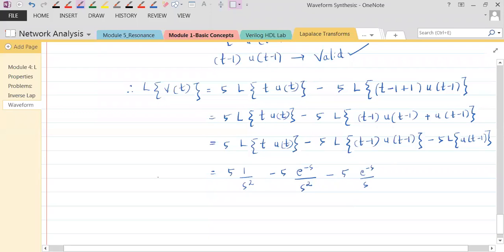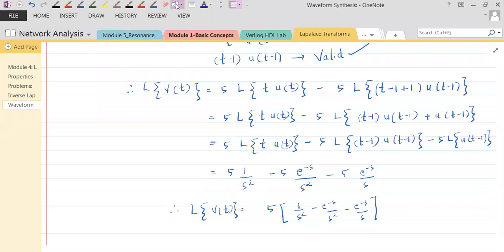So this is the Laplace transform. So Laplace transform of v of t can be written as, what is common there? 5 is common, right? So you can take 5 common. So what would be left out? 1 by s square minus e power minus s by s square minus e power minus s by s. So this is what it is. Is this okay with you, everybody?